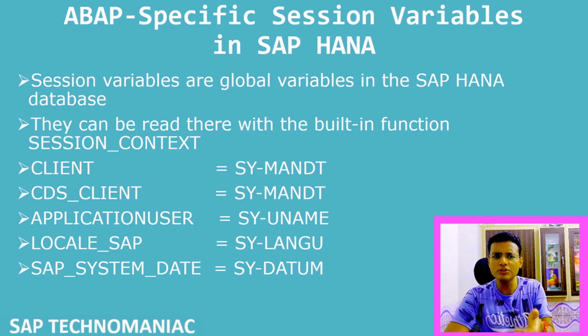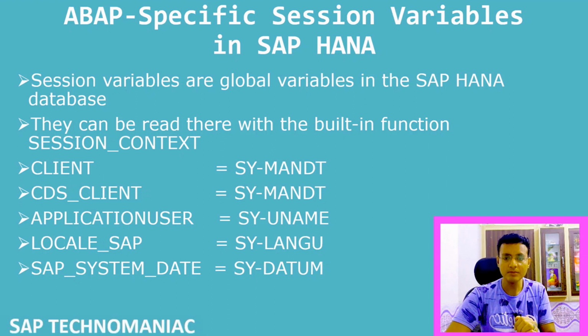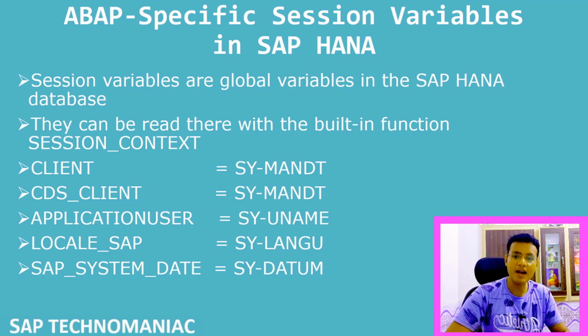We have to use one function called SESSION_CONTEXT, and by calling it we can get these values. Some of those variables are ABAP-specific, like CLIENT, CDS_CLIENT, APPLICATION_USER, LOCALE. These are the mappings I have already shown.